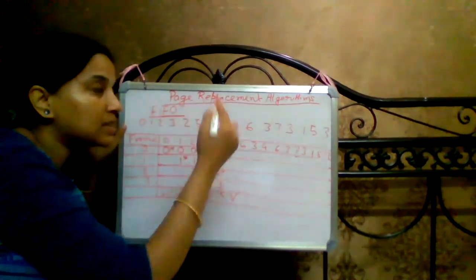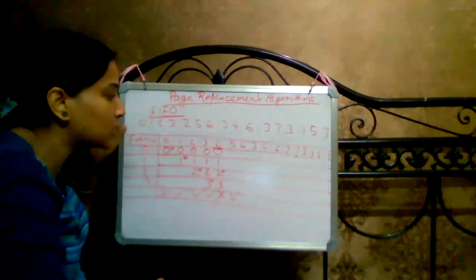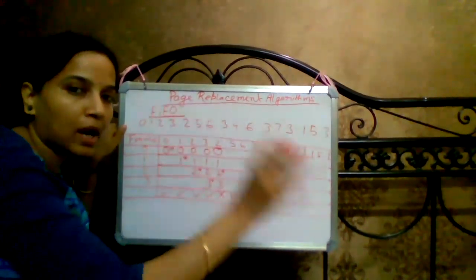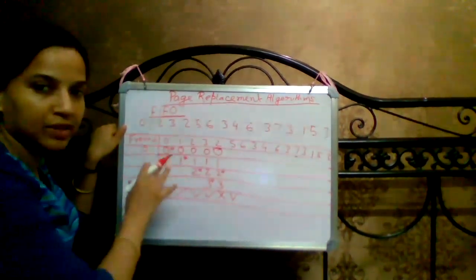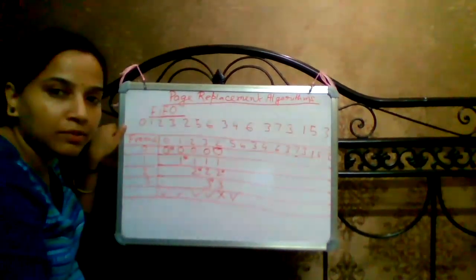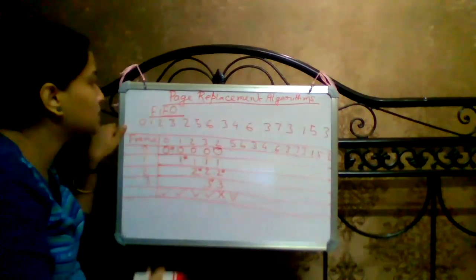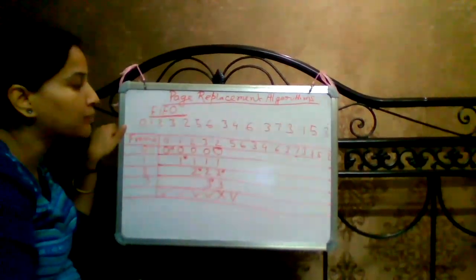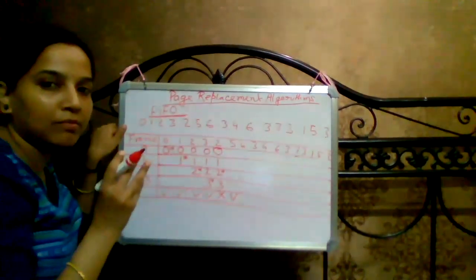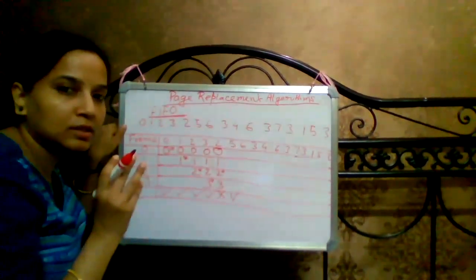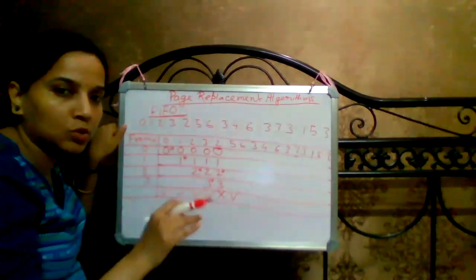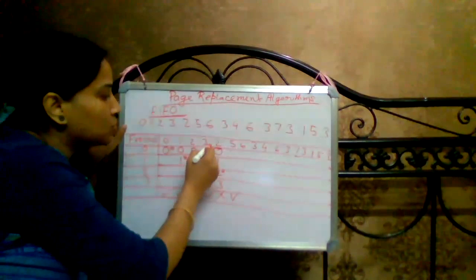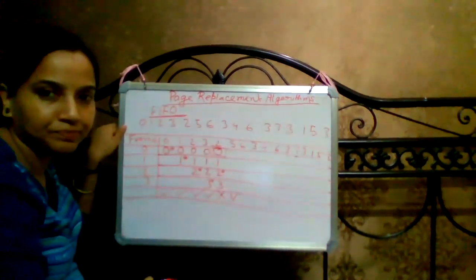That particular page is brought from secondary storage and replaces a page, and the replaced page is swapped out from the physical memory. So which one will be the victim page? Using the FIFO page replacement algorithm, the page that entered physical memory first will be replaced first. So that is the victim page.